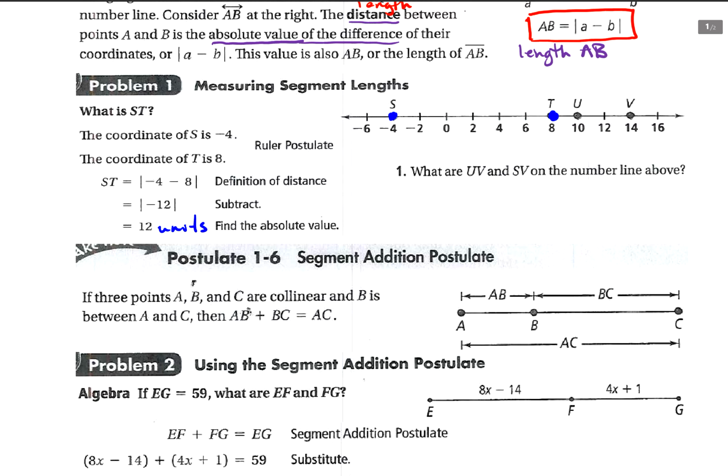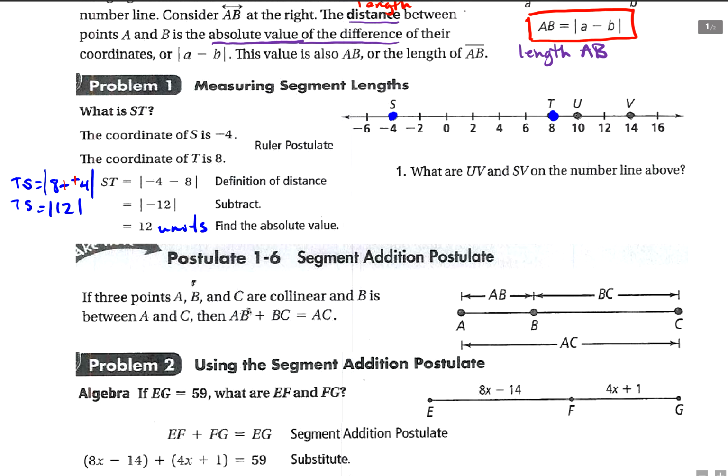Now, what if we did length TS? What would that be? That would be the absolute value of 8 minus, it's always minus, and then -4. You have to be careful with those negatives. They are tricky. So this would give us TS. 8 minus a negative is always plus a positive, so that would be 12.